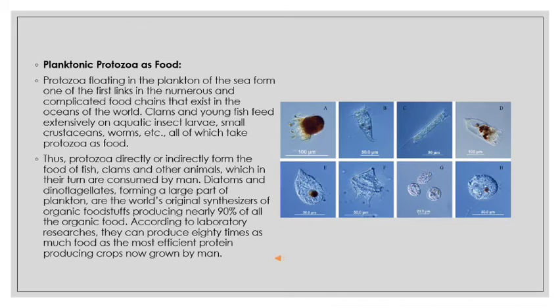Diatoms and dinoflagellates, forming a large part of plankton, are the world's original synthesizers of organic foodstuff, producing nearly 90% of all organic food. According to laboratory research, they can produce 80 times as much food as the most efficient protein-producing crops now grown by man. Okay, let's continue to the next slide.